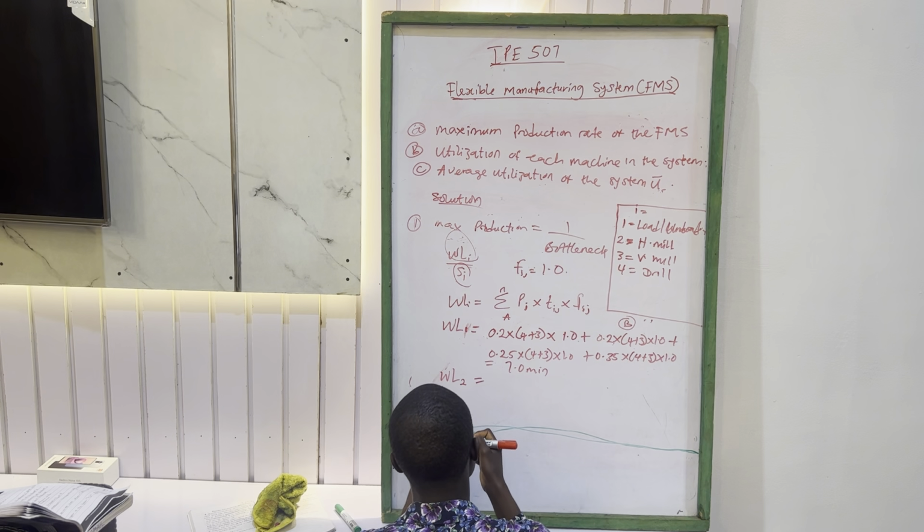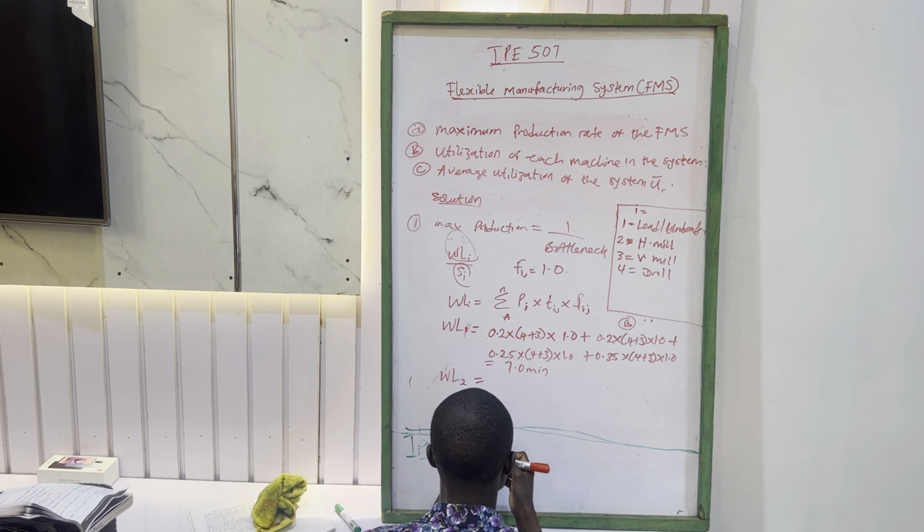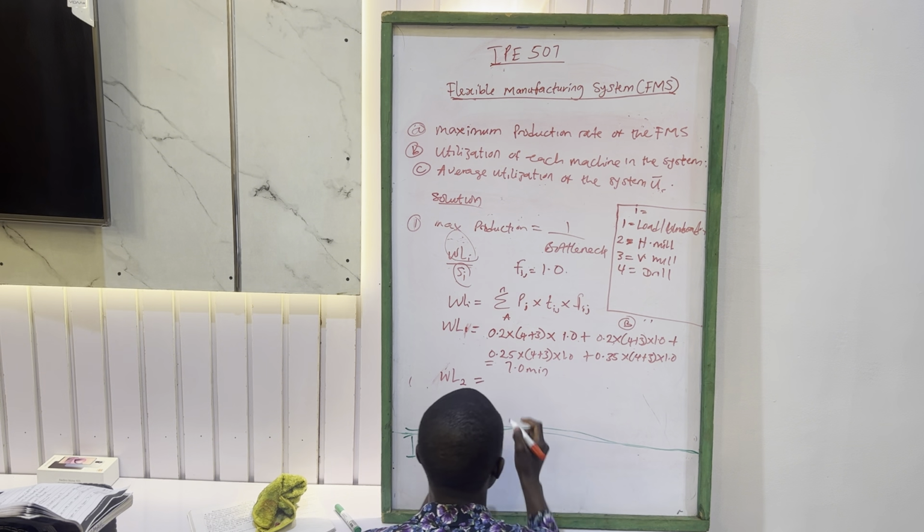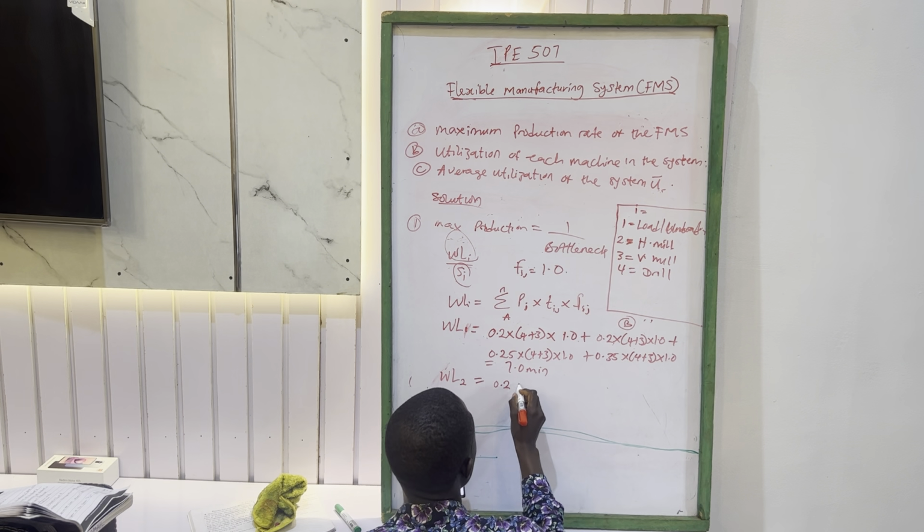So the station is 2, and the processing time is 15. The part mix for that horizontal, for all the workstations in part A, is 0.2.